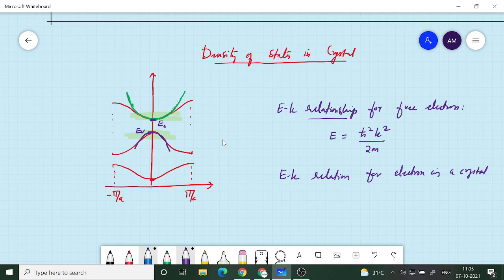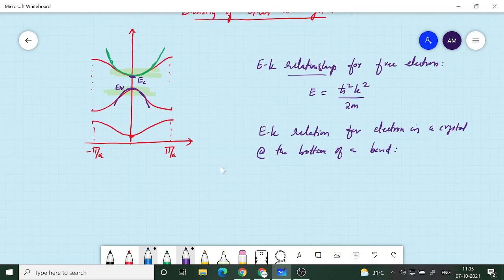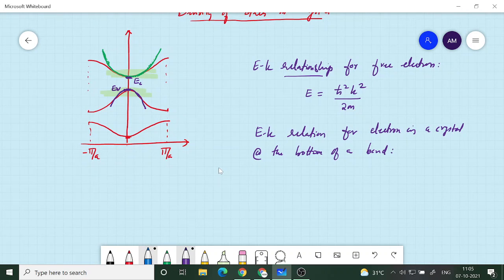depends upon where the electron is, whether it is at the bottom of a band or at the top of a band. So let me say at the bottom of a band. If it is at the bottom of a band, then we can make use of an upward facing parabola and write this relationship as E is equal to EC plus h cut square k square by 2m star.